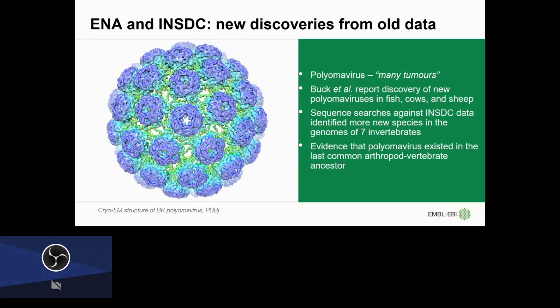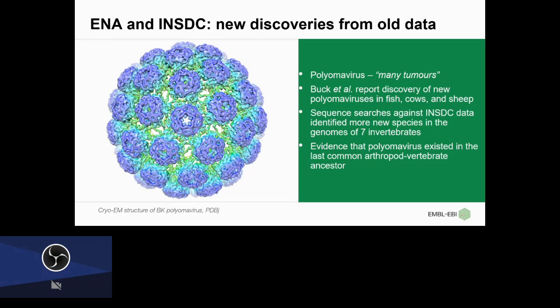This example, one of my favorite examples, is also related to evolution. This is a 3D model of a virus, the polyomavirus, which obviously means many tumors. Some research groups discovered new viruses in fish, cow, and sheep, etc. Obviously, these are all vertebrates.